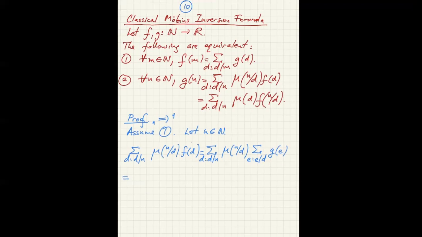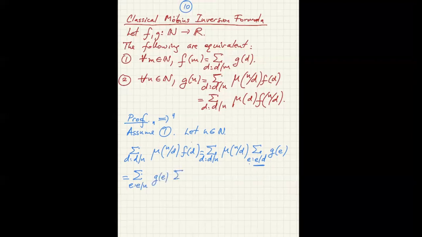And the key to this Mobius inversion is to switch the order of summation. So when I have e divides d and d divides n, I can switch this to summation of e divides n. And actually the g of e can come in front.